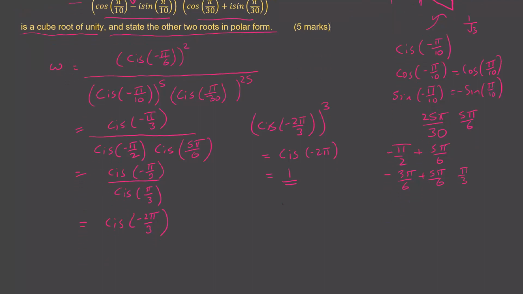Now this is coming up in a later part of the question, but we know that these things are equally distributed. The one we just found, the omega, like so, and so they're going to be distributed like this, and they'll be 2 pi by 3 apart.